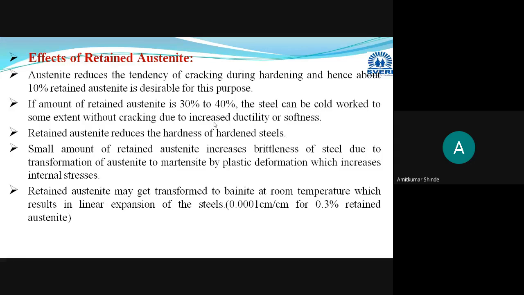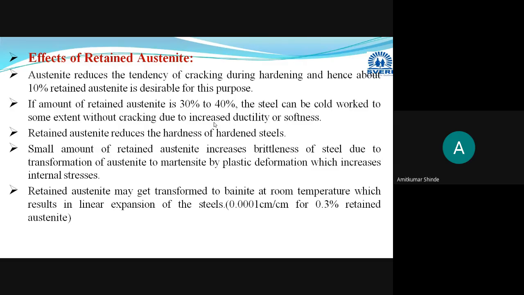So these are the advantages. Due to retained austenite, softness, ductility and machinability get improved, you can perform cold working operations without cracking, or the tendency of cracking is reduced, and you can perform some hardening operations on it also.